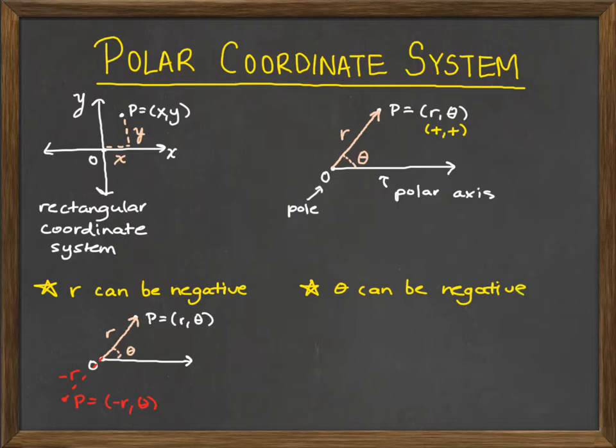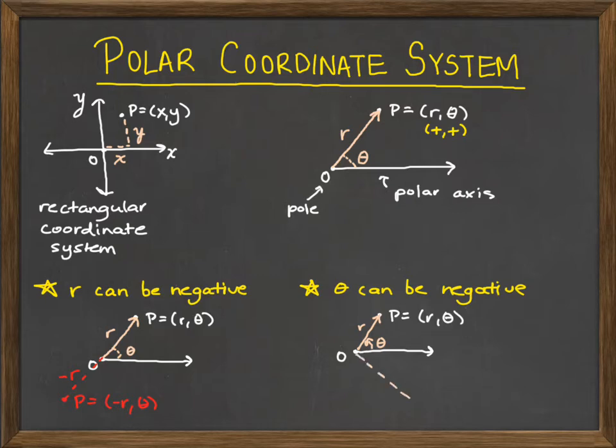And so let me draw a small diagram of what happens if that's the case. So once again, we're starting with our pole. To draw theta negative, let's see, so if we have P (r, theta) right here, then if theta is negative, what that means is that instead of rotating counterclockwise to get to theta, we're rotating clockwise now.